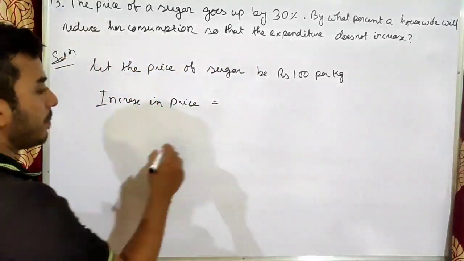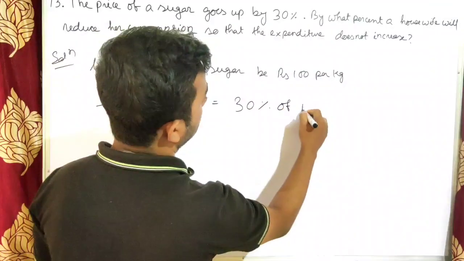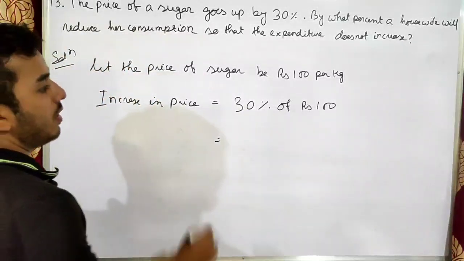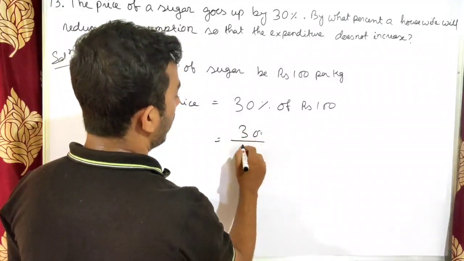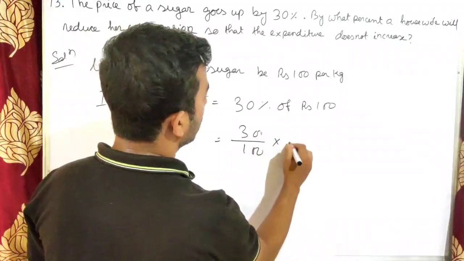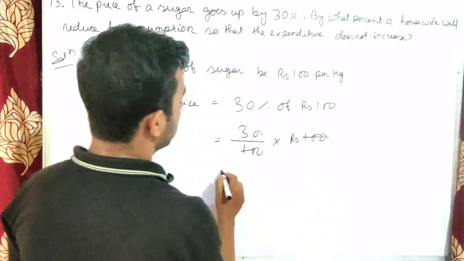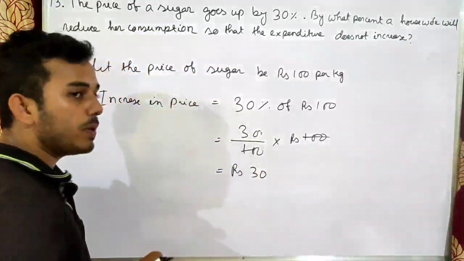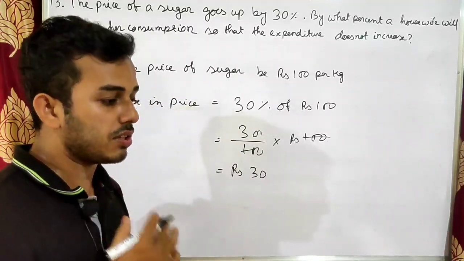So write, increase in price equals 30% of rupees 100. Now this 30% means 30 upon 100, and of means into, then rupees 100. So the zeros cancel, left is rupees 30. So this rupees 30 is the amount increased.